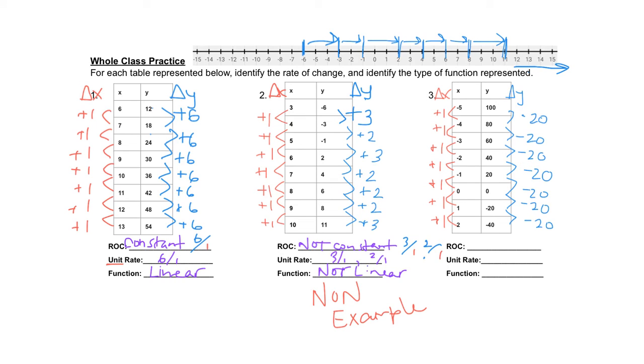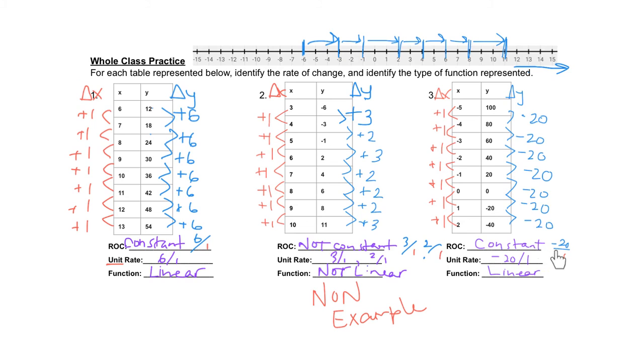So you can imagine, it doesn't fit on our number line, but our 100 would be way over to the right, and we'd go to the left to 80 and to the left to 60, and so that's why it's subtraction. You can see that we have the same values here for the change in y and the change in x, so this is constant, so that it would be a linear function.